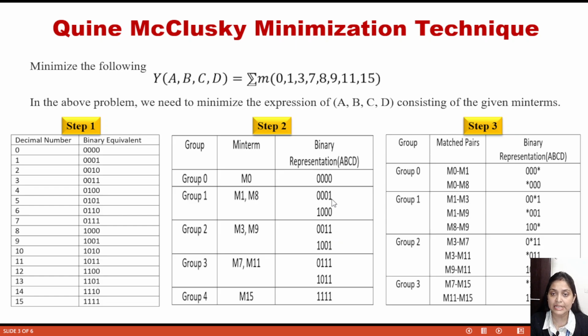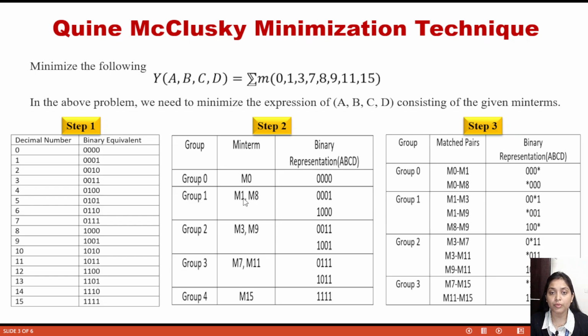So you can see in the third bit there is actually the change. So we will write M1 M3 comparison as 00 star 1, because in this third bit basically one bit change happened.